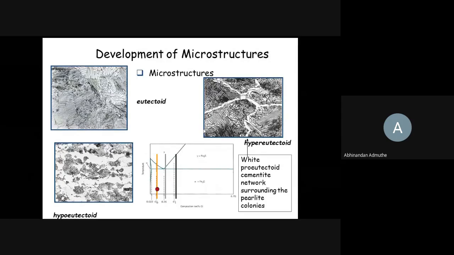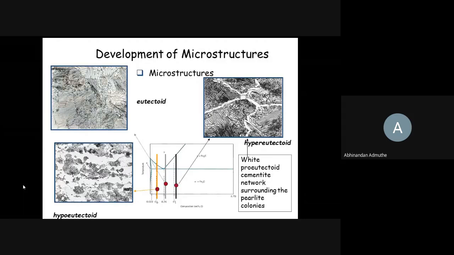The microstructure also you can see here, how the microstructures are developed. This is the microstructure of a eutectoid steel, which contains 100% pearlite. Then the microstructure of hypoeutectoid steel contains ferrite plus pearlite.